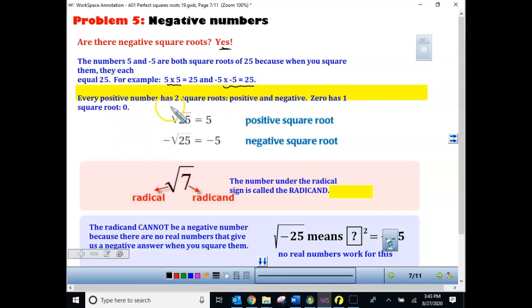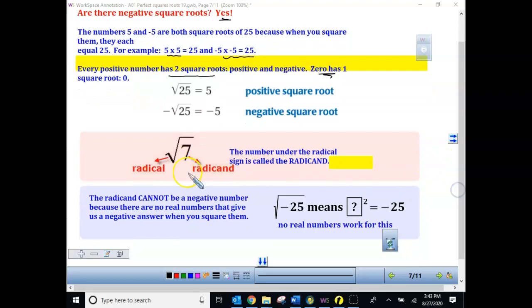Every positive number has 2 square roots, a positive and a negative, but 0 only has 0. So when we're looking at it, the square root of 25 is 5. This negative out in front tells us to take the opposite of the square root of 25, and that is going to be our negative square root.